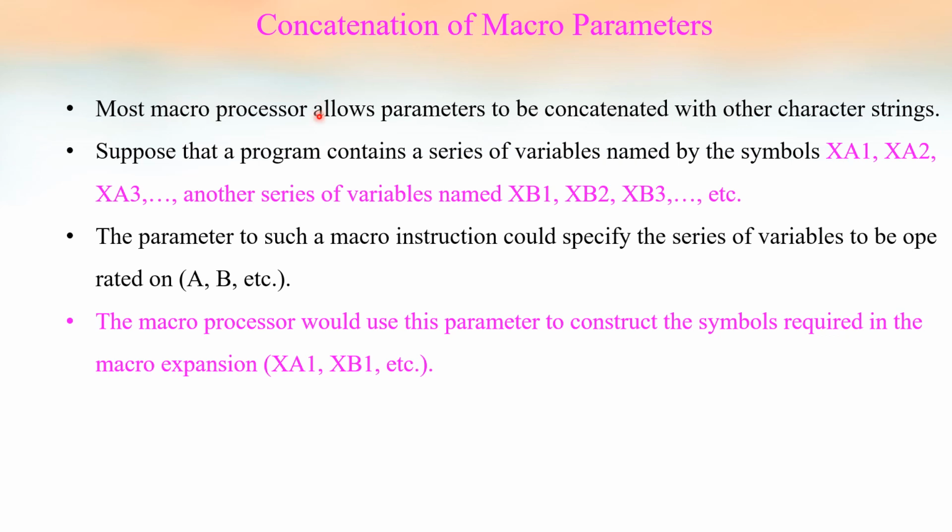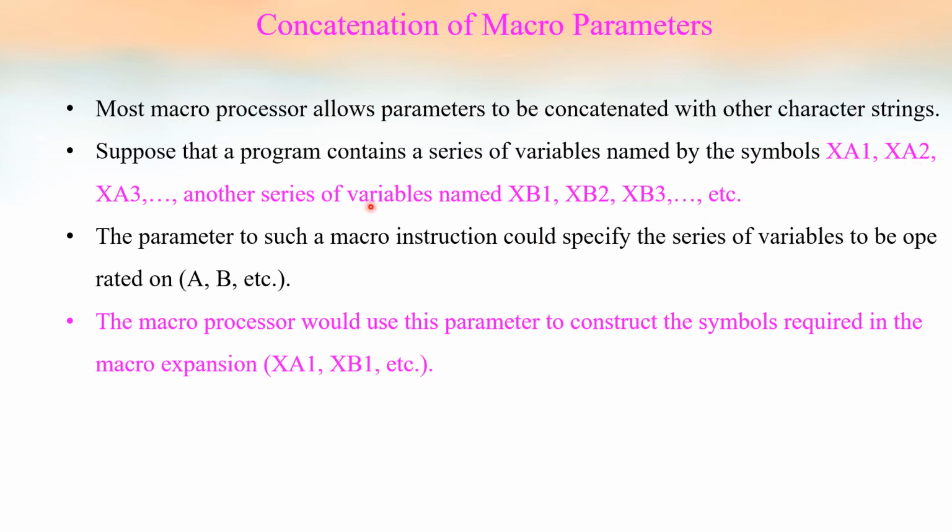For example, consider these arguments: xa1, xa2, xa3. First time, if I call a macro, I pass these arguments, xa1, xa2, xa3. The next time I need to pass xb1, xb2, xb3, etc. We can find a similar pattern in these sets of arguments.